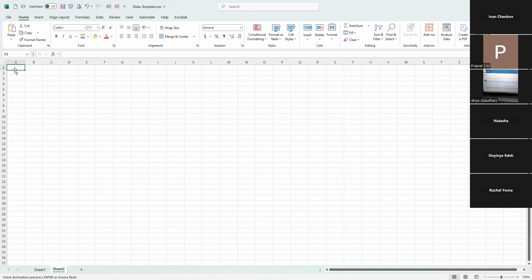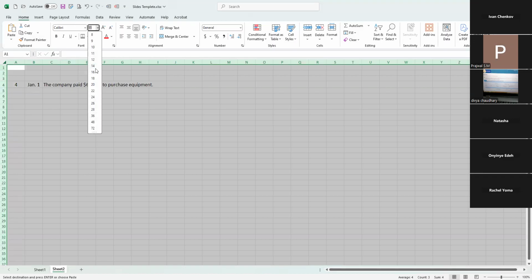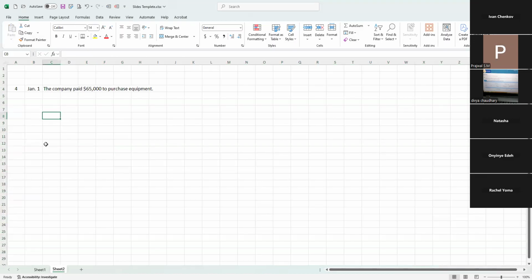Let's put it on a new Excel worksheet. Let's make it a little bit bigger, and let's start working here. So, first things first. In order to determine how much to depreciate, we have to see how much is the cost.